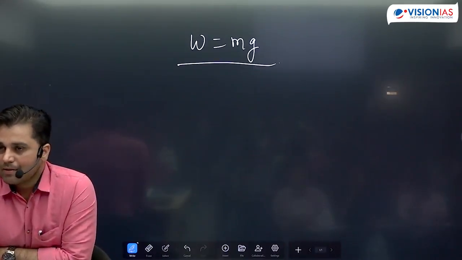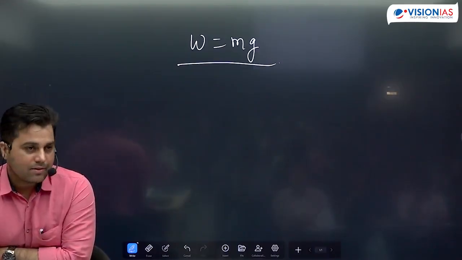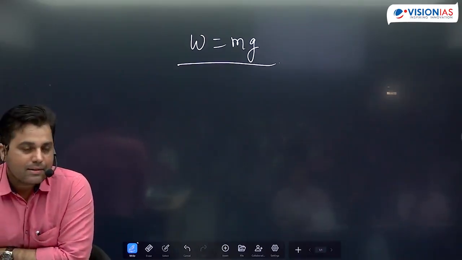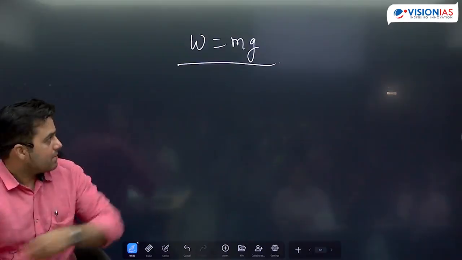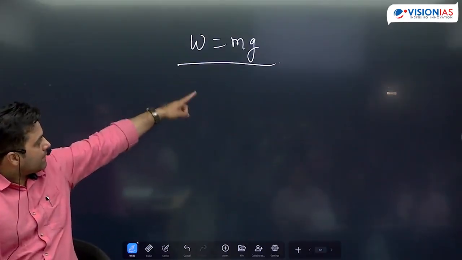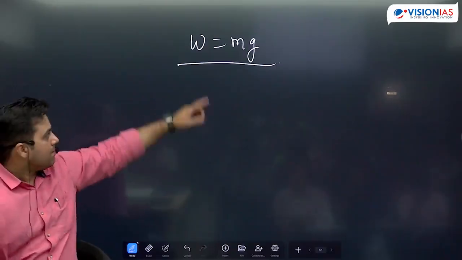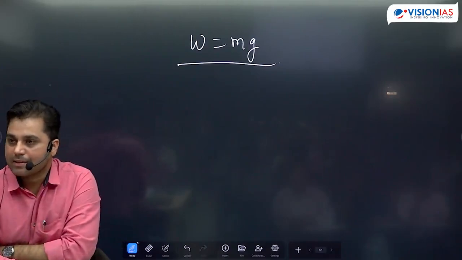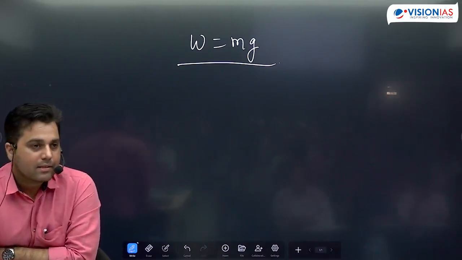Mass is the amount of matter which you have inside your body, or for that matter, for any object, the amount of matter, which we measure in kilogram. Weight we get by multiplying that mass with acceleration. Remember, this is mass and g is acceleration, and mass times acceleration, we just discussed in the last class, is nothing but force.